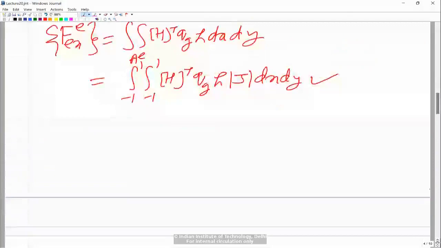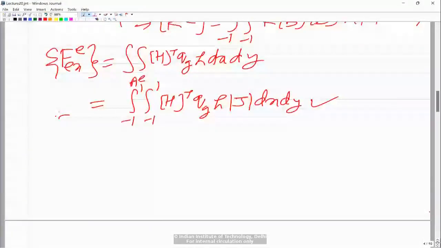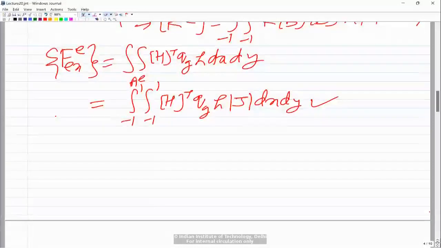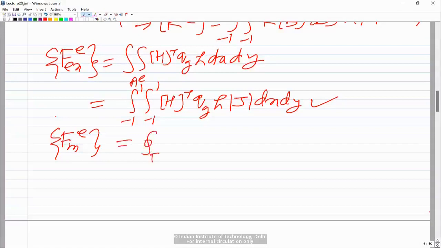And of course your f internal, which involves the boundary integral, would be the same. When you evaluate for a given problem, you have to carry out the integration ultimately in terms of one of the natural coordinates, because you would be moving along one of the boundaries. So this would be integration over the boundary, and we have H transpose into qn into H into ds, where s is the path coordinate.